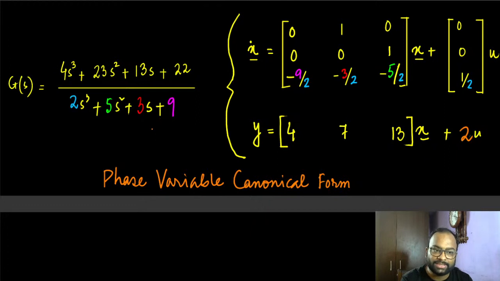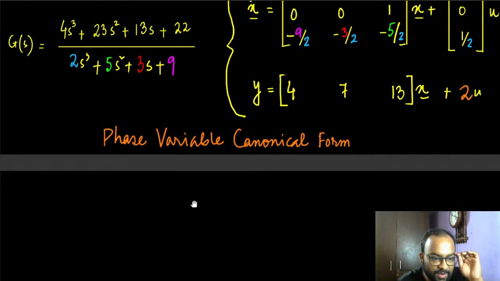Now, what is the advantage? The advantage is that whenever you are designing a particular controller, a particular type of canonical form is better suited. When you want to design something called an observer, a particular type of canonical form is more suitable. So depending on what you want to do with your system, you approach the state space model that way. Okay.